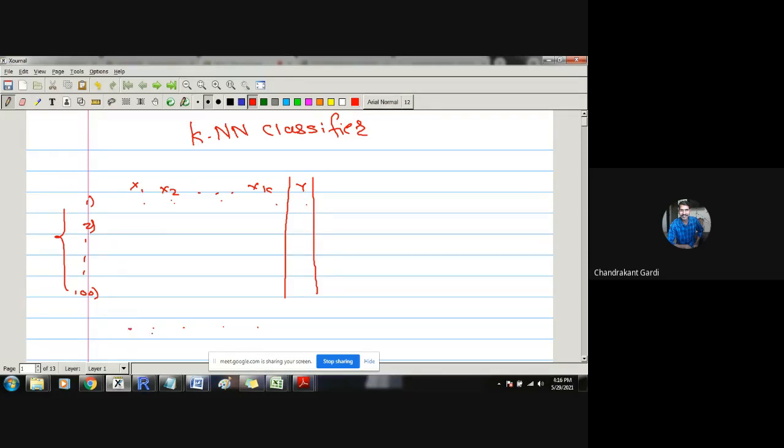Now suppose some new entry has arrived, so some new customer is there. So we are having his reading on x1, his reading on x2 up to xk. Based on this data, we have to predict whether the bank will approve the loan or disapprove the loan. So if this is the particular combination of the customer's readings on different variables, then the bank is approving the loan.